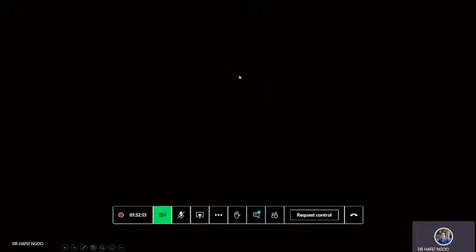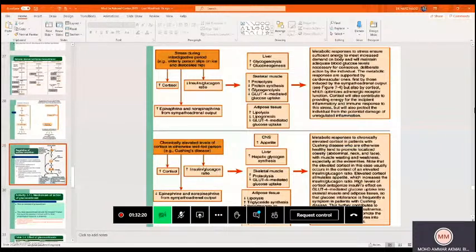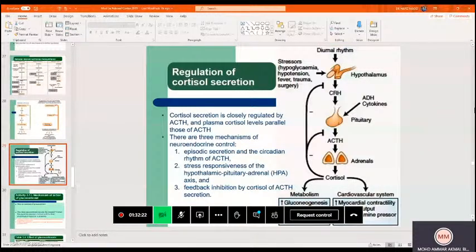Doctor, I just want to clarify the Cushing syndrome and disease. Any syndrome that you see, like Cushing syndrome, includes Cushing disease.